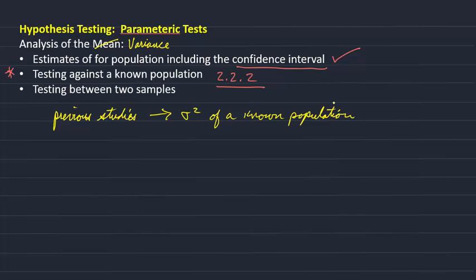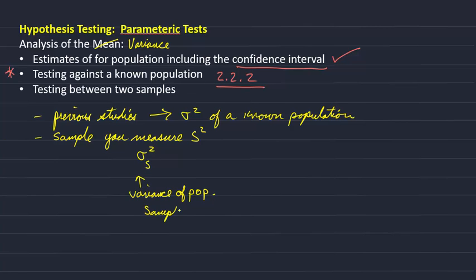You know the variance of a population, and then say you take a sample from, say, a different location and measure its variance, and you ask the question: does the variance of the population sampled equal the variance of the previously studied population? That's the question we're posing.